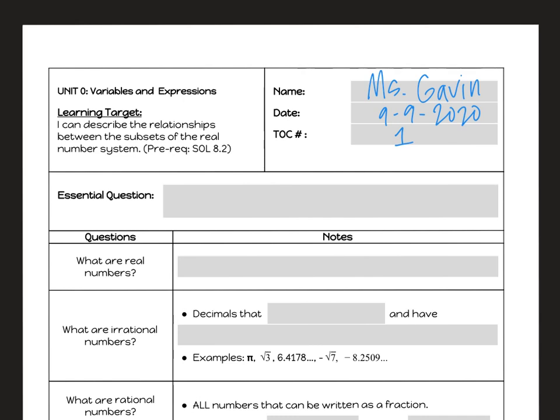In these notes, we are going to be discussing the real number system. At the end of the notes, you'll be able to say, I can describe the relationships between the subsets of the real number system. That's our learning target.